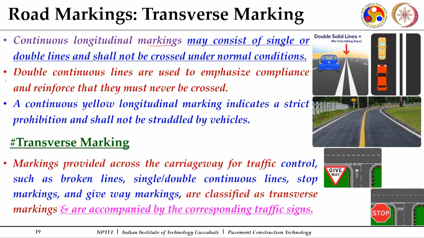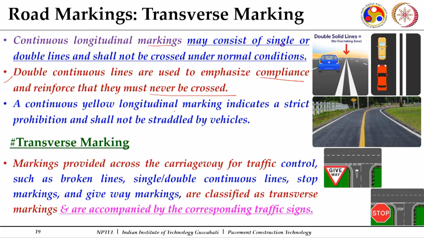If I have double continuous lines, that definitely emphasizes compliance and reinforces that they should never be crossed. If I don't want any overtaking to happen, double longitudinal lines indicate that they should never be crossed. When there is a single line, it prohibits crossing that line.